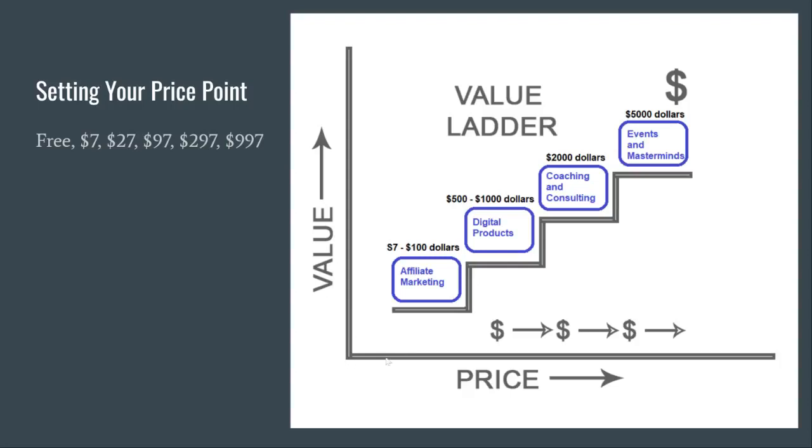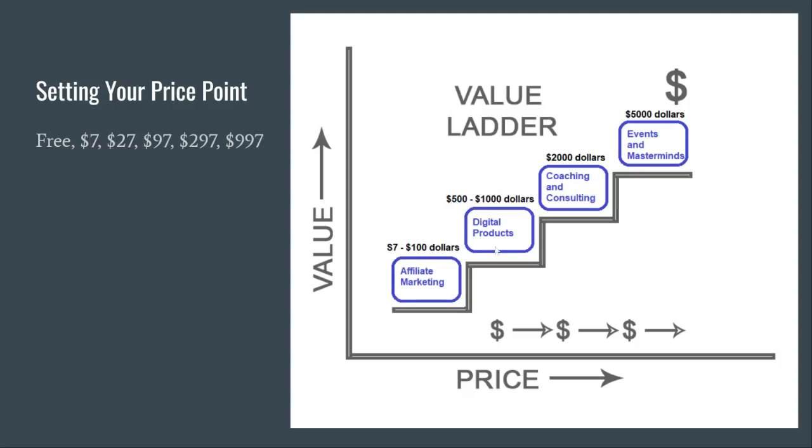The psychology with this works like this: when you bring someone in with something super high value for free, they automatically assume that whatever your next offer is, whether that's $7 or $27, we'll cut it off right here, is also going to be extremely high in value. So they're basically getting the biggest bang for their buck whenever they buy from you again.